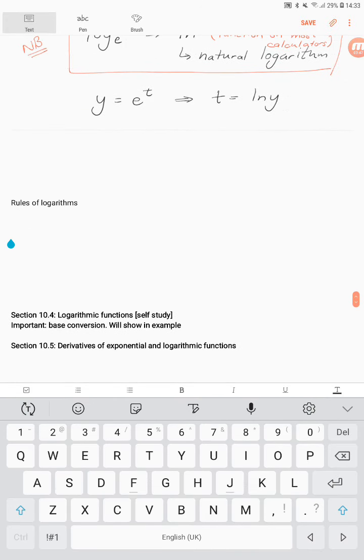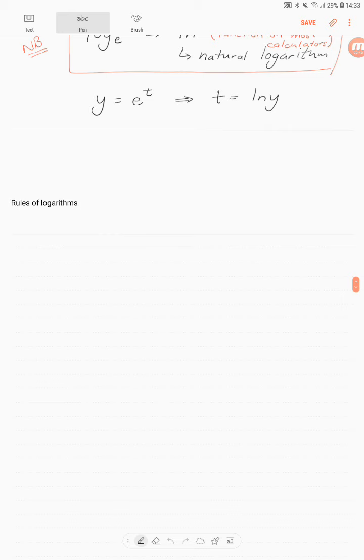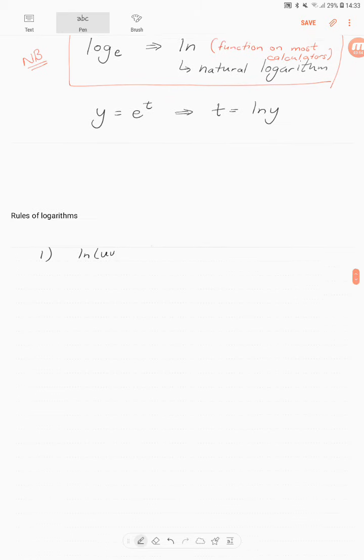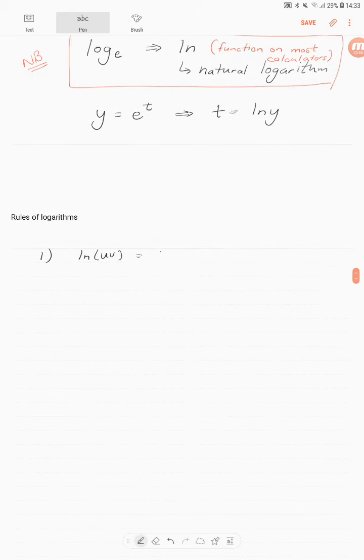Some rules of the logarithms. First, the log of a product is equal to the sum of the logs. The log of a fraction is the difference between the logs. The log of an exponent: bring the exponent down, log u.